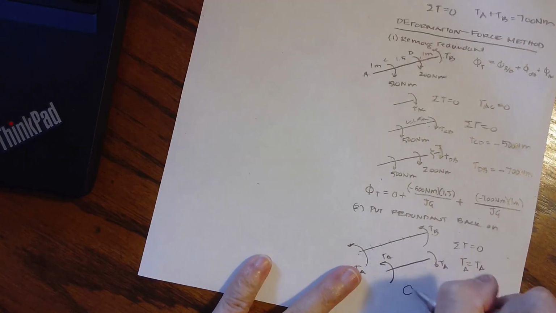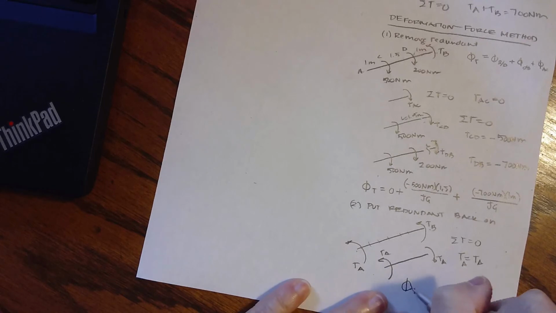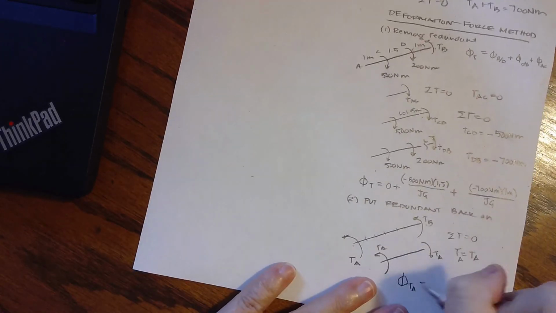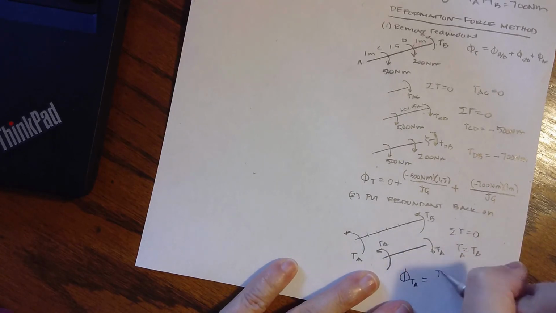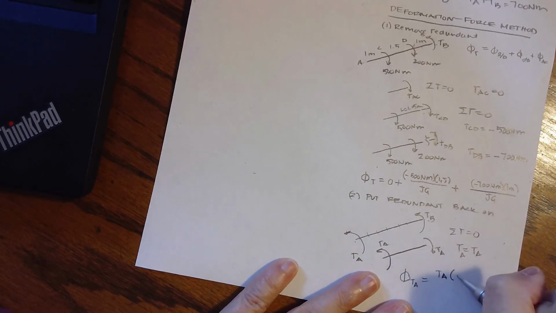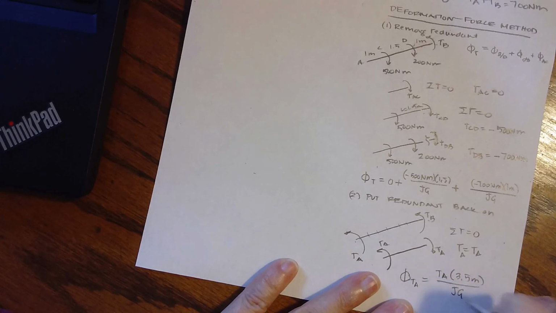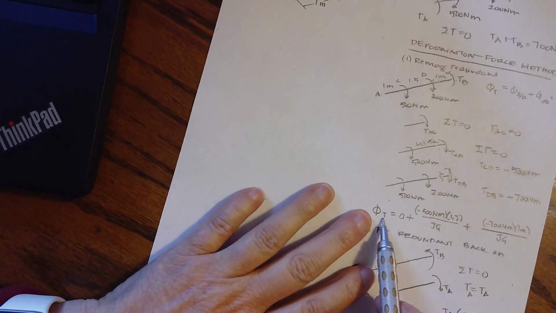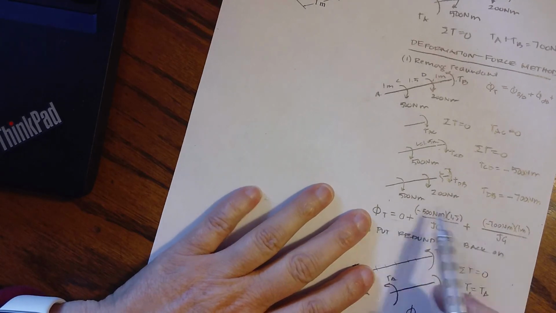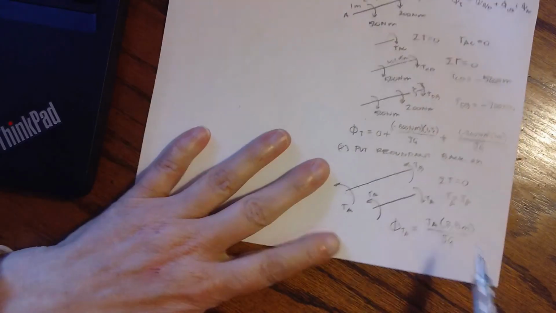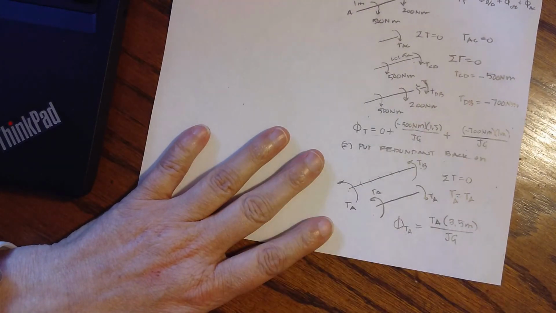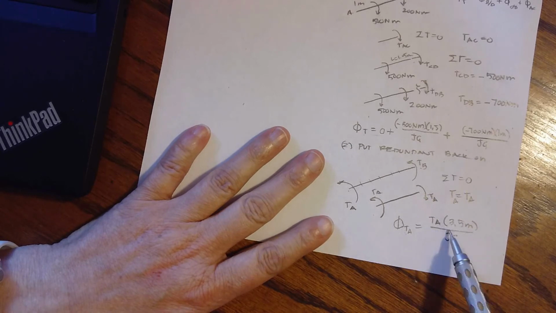So when I look at the rotation of that torque at A, it's going to equal, well, the internal torque is torque A, the entire length is 3.5 meters, and J and G. So we now have this relationship that if I allow twisting to take place, I'm going to get a value. As I put this redundant back on and force it back into place, this is what's going to have to happen.